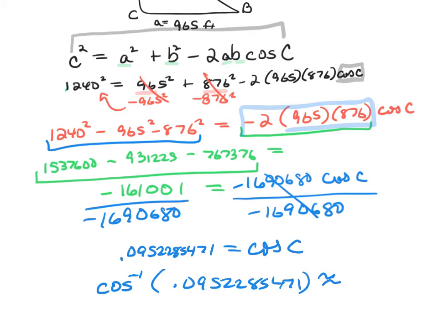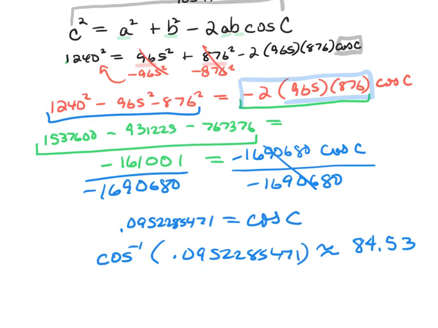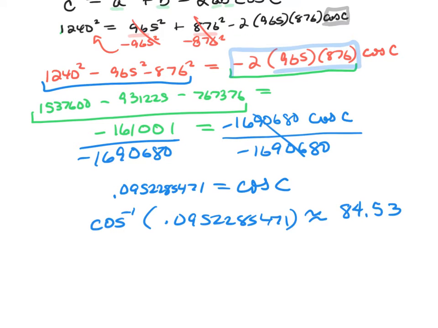Now, they put it in minutes when they listed their answer, so we're going to round our answers to the tenths place. What I got on my calculator is 84.53. So I'm going to say angle C is approximately equal to 84.5 degrees. They actually had it in minutes and seconds.